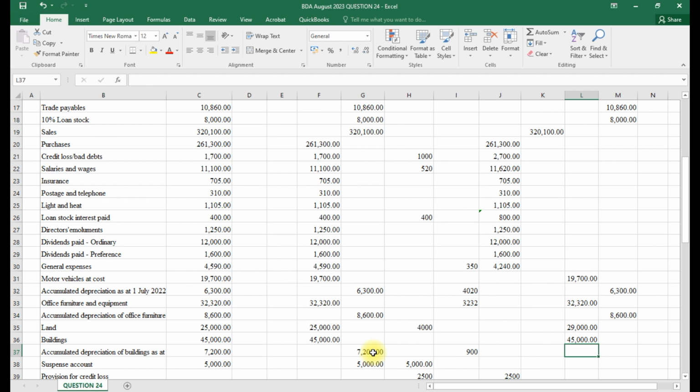Okay, yeah, so we shall adjust that. So accumulated here will be 72 plus this value 900. Even this accumulated of office furniture, okay, I think this value is wrong. Accumulated of 32 was supposed to be here.